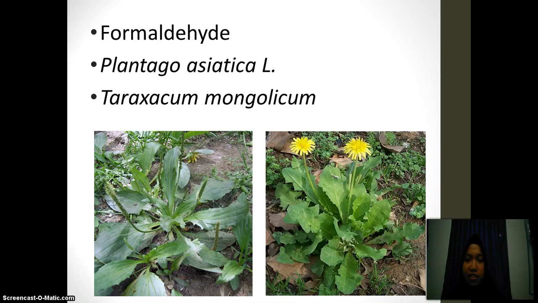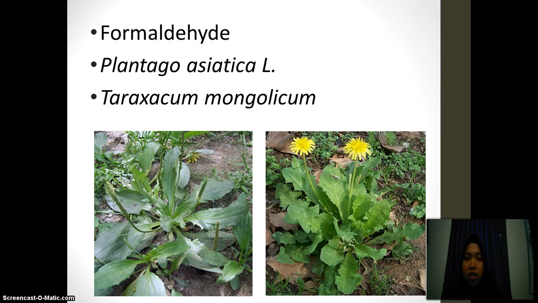The picture is like this. It is a kind of dandelion, but the flower color is yellowish, and this plant is famous as a medicinal plant in China.